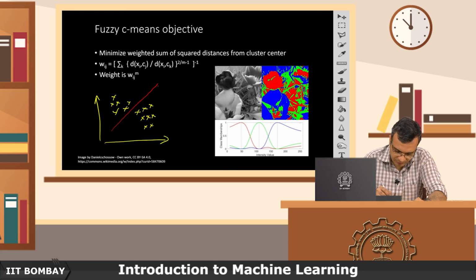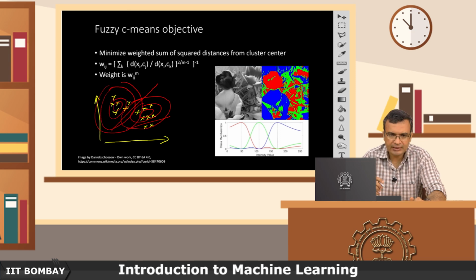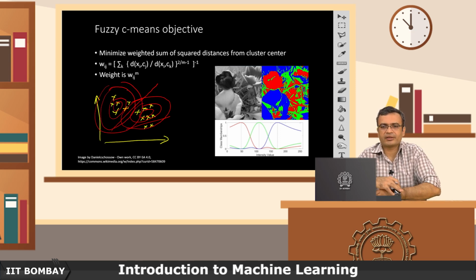If k is equal to 3, perhaps it will give us another hard boundary like this. Whereas in fuzzy C-means, you can think of some contours that are sitting here, where the center of the contour is the highest membership for that cluster, but then there is another set of contours sitting here, and each point can belong to more than one cluster.